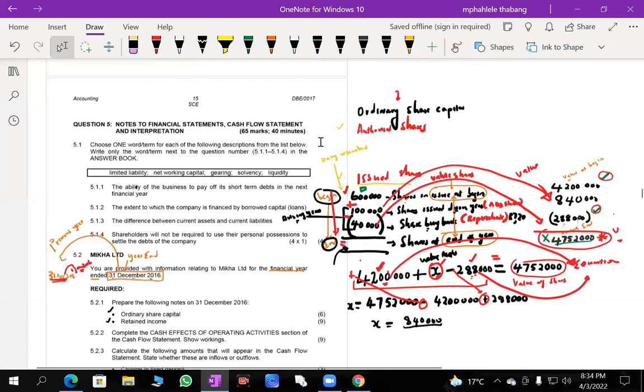Now the repurchase. Sometimes I get ahead of myself at the end. We take the 4,752,000 and divide by the number of shares, 660,000, after the repurchases. Here is our calculated number of shares at the end.